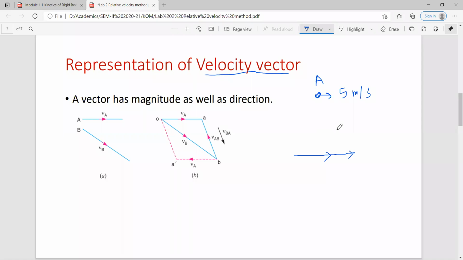So I will select some scale for it. Suppose I select that I will represent 1 meter per second by a length of 1 centimeter. Say 1 meter per second is equal to 1 centimeter.